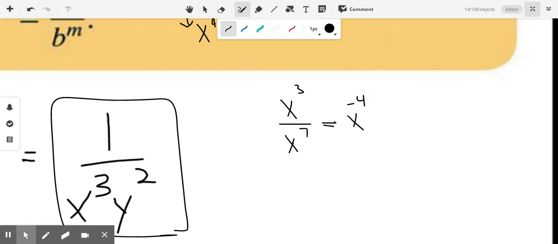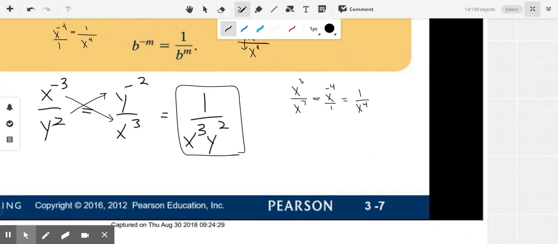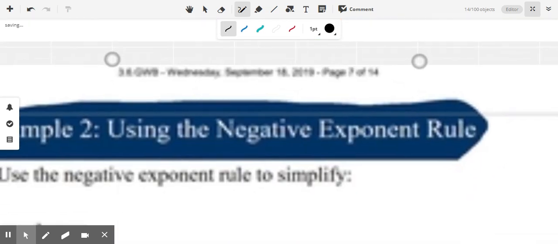So notice I'm left with a negative result there, which means I have to go one step further because I cannot leave a negative exponent. So this is like x to the negative 4 over 1. So I would move the x to the 4th to the bottom, and I would have 1 on top. Okay? So make sure we recognize that when we're solving these.